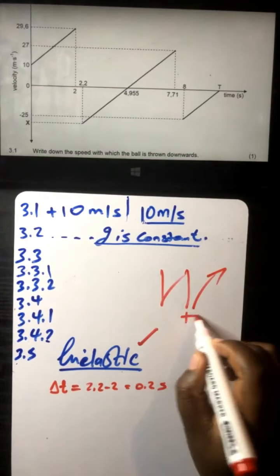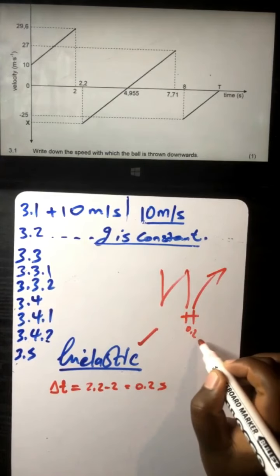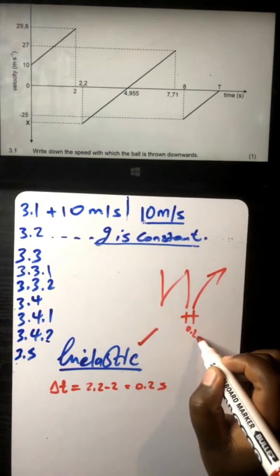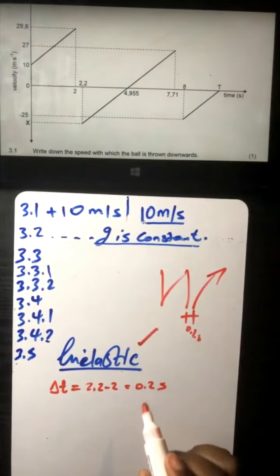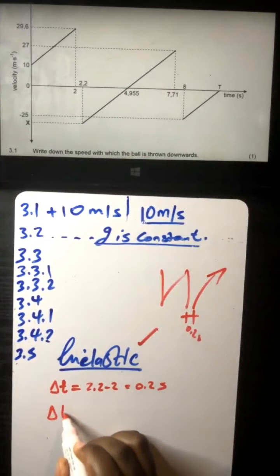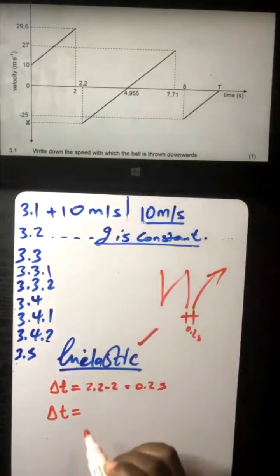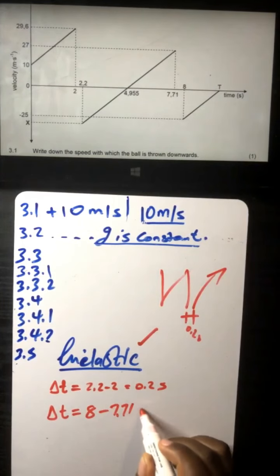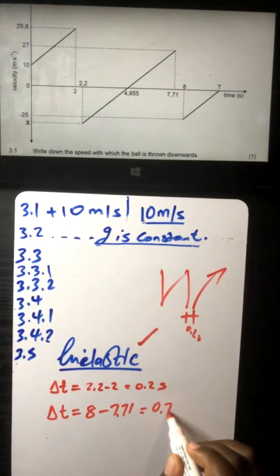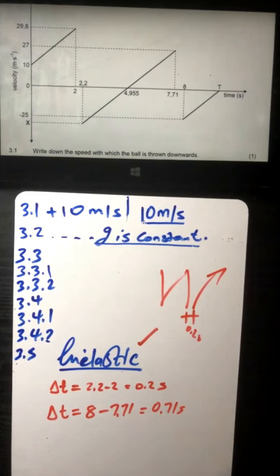So can you see, this is that space which is 0.2 seconds in that instance. The same applies there also. You've got that change in time, which is 8 minus 7.71, which is 0.71 seconds.